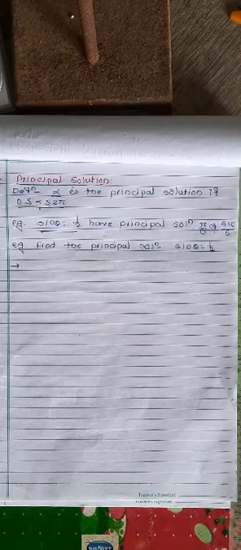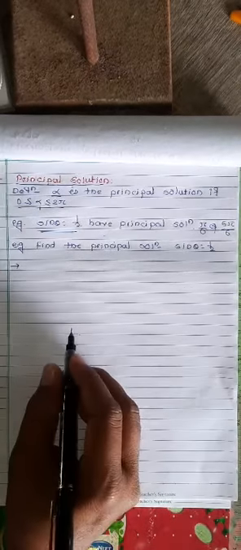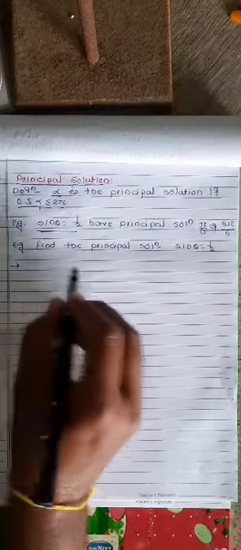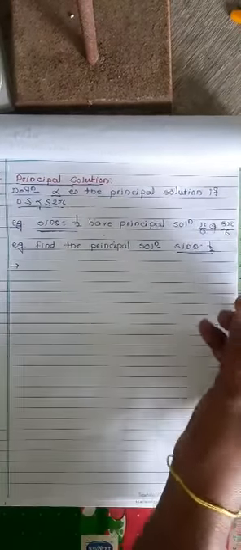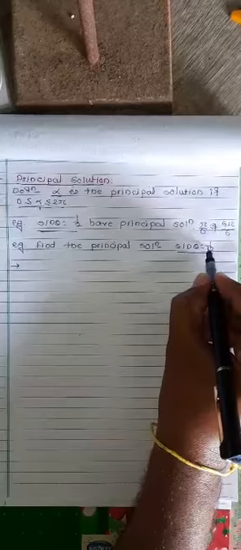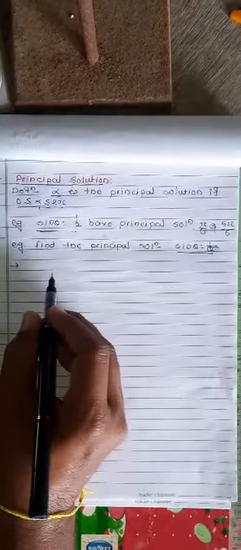Now take another example: the trigonometric equation sine of theta is equal to 1 upon root of 2.